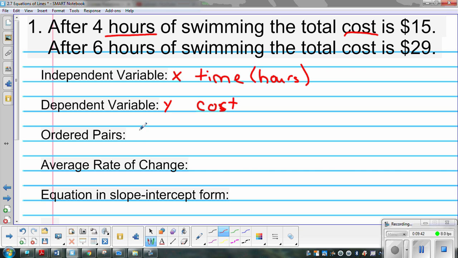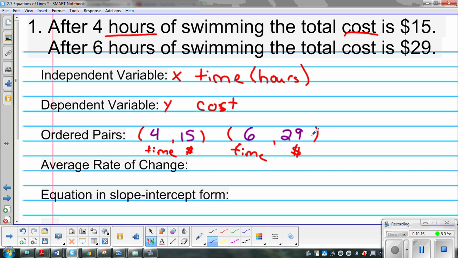So now let's create our 2 ordered pairs. When we create them, the x is our time and our y is our cost. We have enough information to create the coordinates of 2 points. Remember, time is going to be your x, that's your independent. The money or the cost will be your y. So looking up here, 4 hours of swimming costs $15. 6 hours of swimming costs $29.